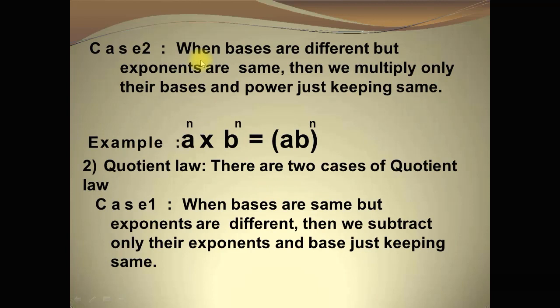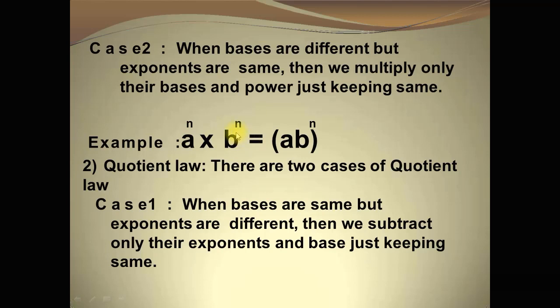Now case number 2 for the product law: when bases are different but exponents are the same. In this example, bases are different and exponents are the same. Then we multiply their bases and the power is just kept the same.